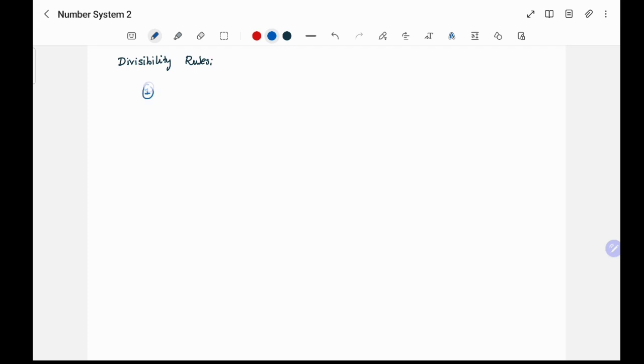So the first one, 1, we know it divides any number. So any number is divisible by 1. We don't even need any rule for that. 2 is also easy. Why?